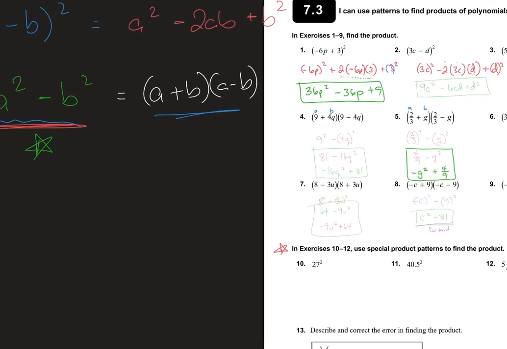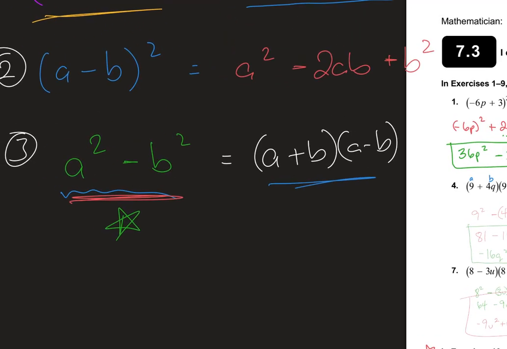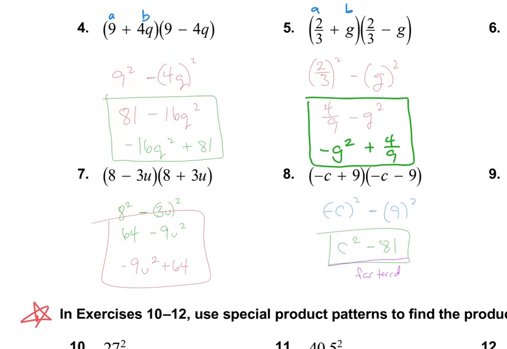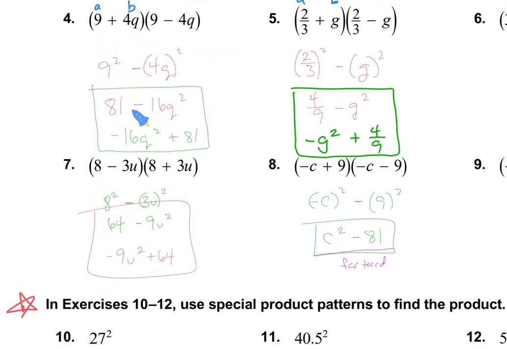And what I mean by factoring is if you had written this right here, you could easily rewrite it in this format, which is factored, okay? So all of these could be factored really easily, really quickly. 81 is 9, and 16 is 4, and q squared is q, and 64 is 8, and negative 9 is that 3 in the u.